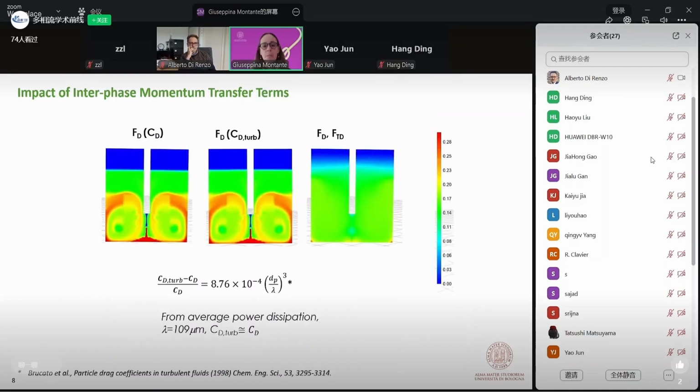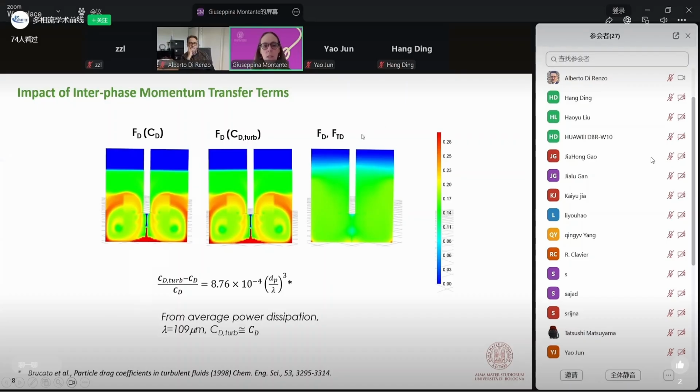So you see that the model results are critically dependent on the way we formulate the interface momentum transfer term. Another aspect is the selection of the drag coefficient correlation. We have a number of different correlations for the drag coefficient of particles or bubbles in still fluid, but we have to be aware that the drag coefficient changes due to the effect of the turbulent flow. We have correlations in the literature.